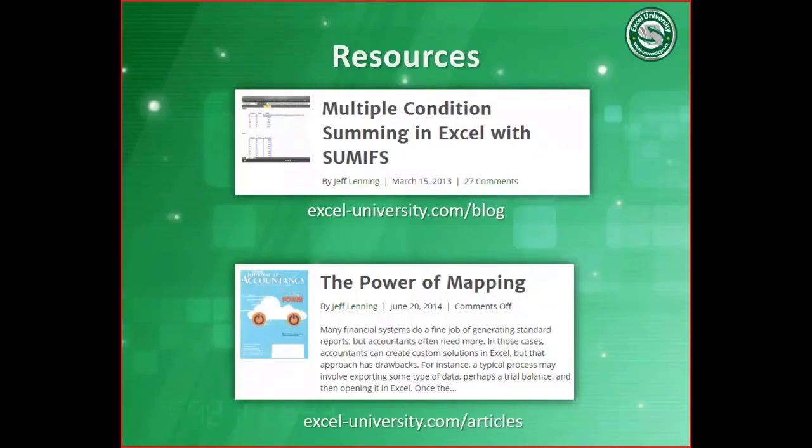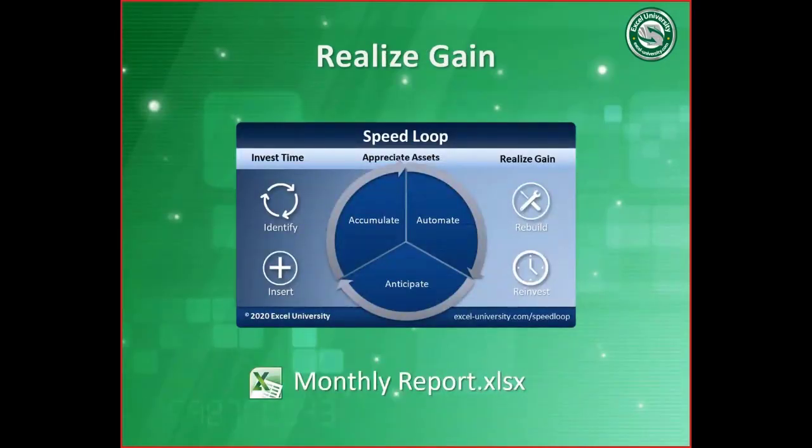So let's go back to here, and let's go to this step called realize gain. The idea for this step is this. We've just spent 3 months, 6 months, 9 months in the loop. We've done automate, anticipate, we've accumulated Excel skills, and we've got everything pretty much dialed in.